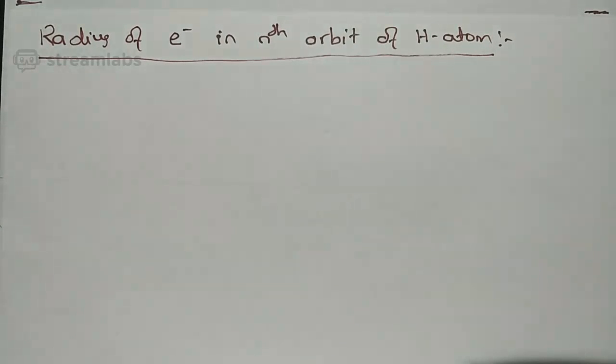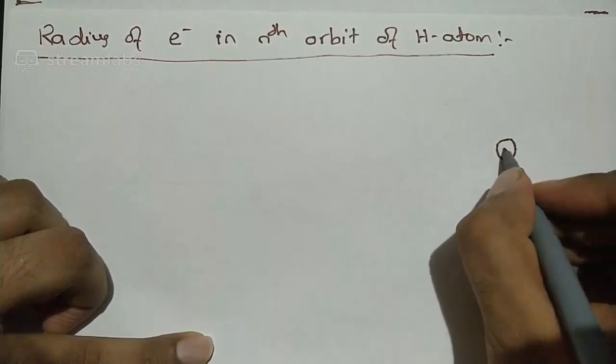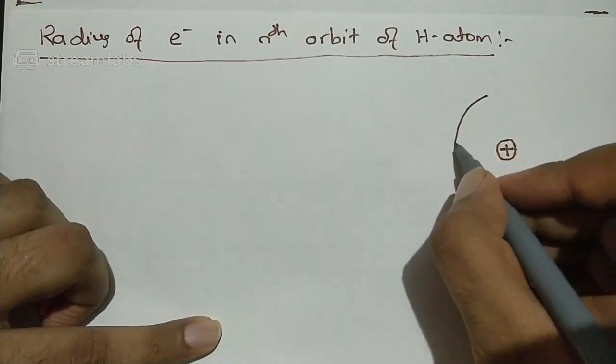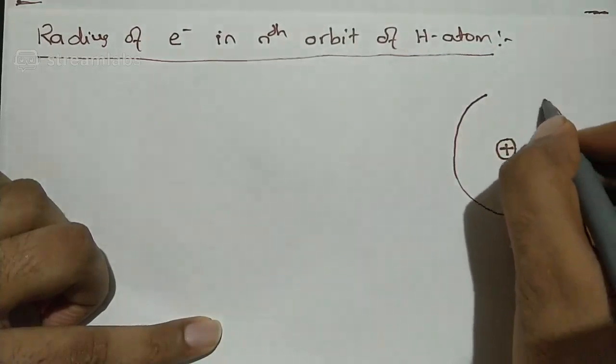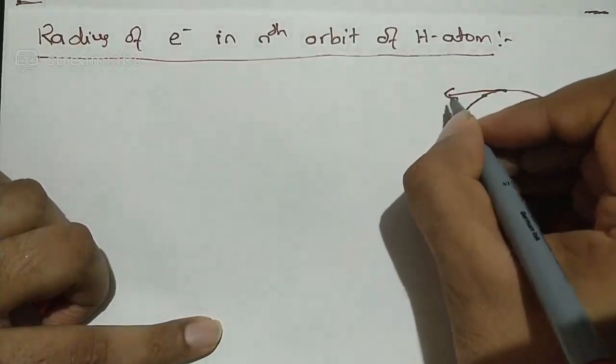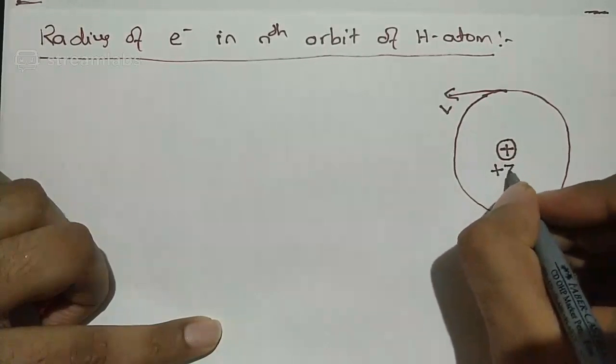So this is the nucleus of the hydrogen atom, and this is the revolving electron, with speed v, and the nuclear charge plus Ze.